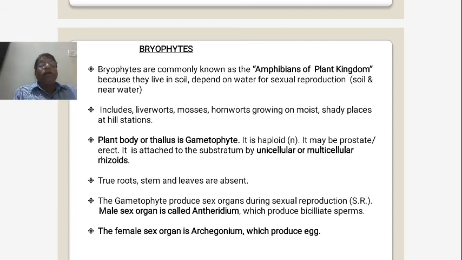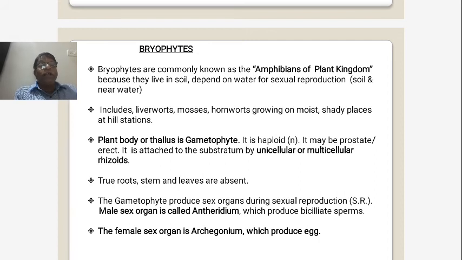Next, how these plants reproduce? That becomes a very important factor. The bryophyte plant body, when it reaches maturity, starts to produce sex organs. That is, it begins to reproduce sexually.